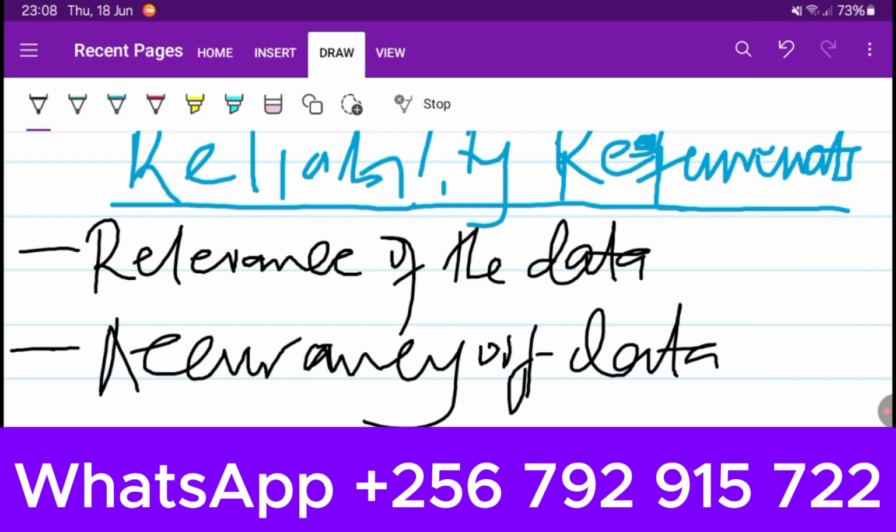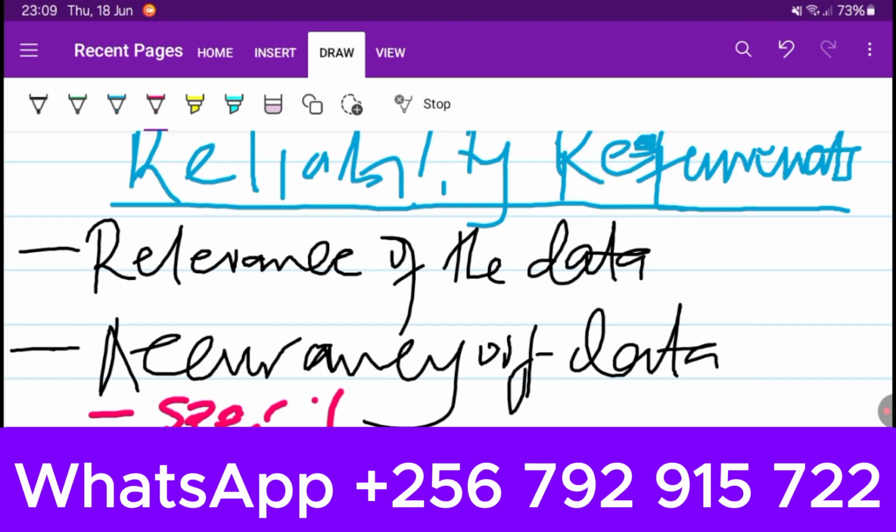In order to ensure how accurate the data is, we also have some requirements that we need to look at. For you to say that this information is actually accurate, we have to look at certain things. One of them, we have to look at the specifications and the methodology used. Specification, how specific is the data?